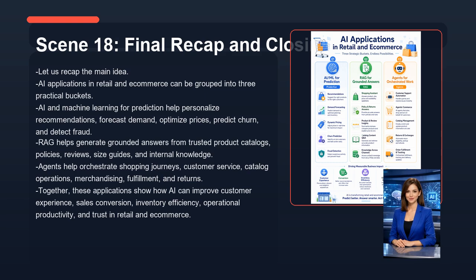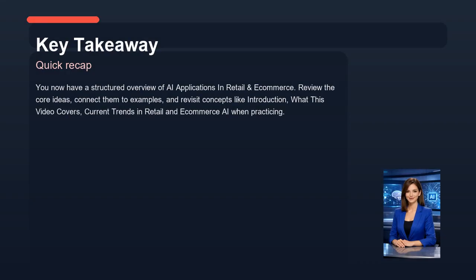Agents help orchestrate shopping journeys, customer service, catalog operations, merchandising, fulfillment, and returns. Together, these applications show how AI can improve customer experience, sales conversion, inventory efficiency, operational productivity, and trust in retail and e-commerce.